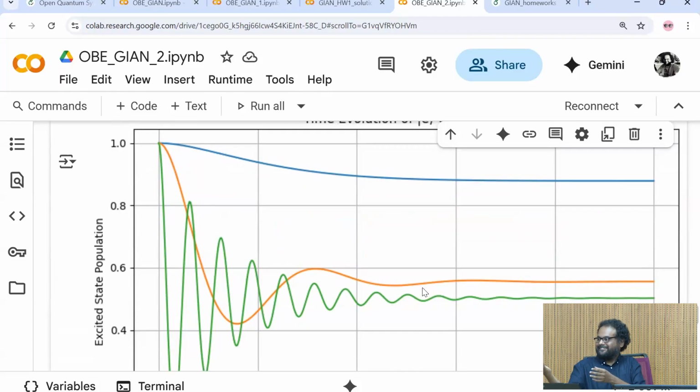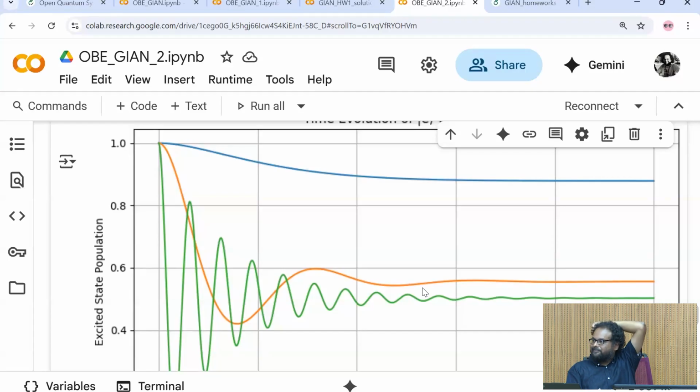You have some question? About the steady state population: I was thinking they should all reach the same value. It's just normalized at the end. What is normalized? It's just starting from 1 and decaying.